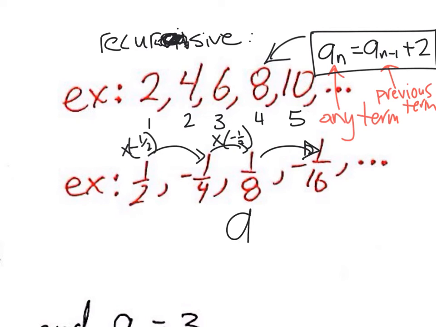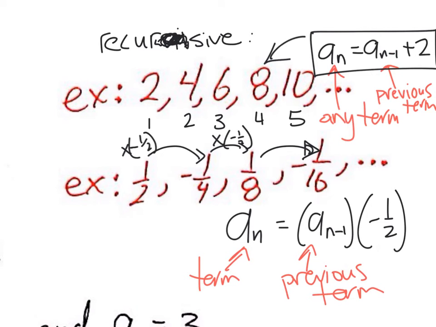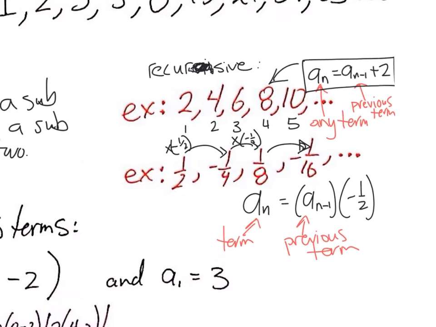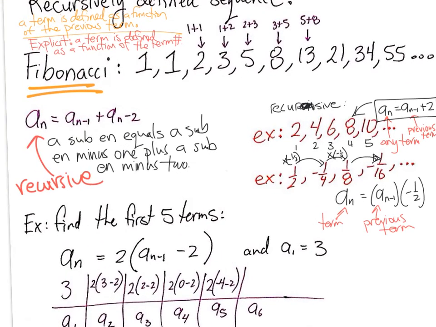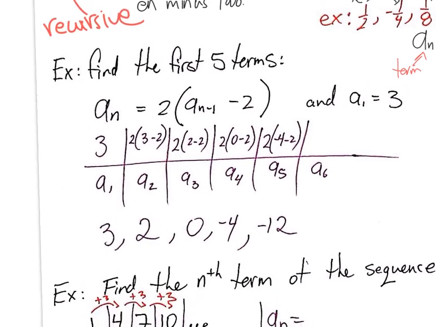So we could say any term is the previous term times -1/2. Alright, so those are some examples of recursive formulas.